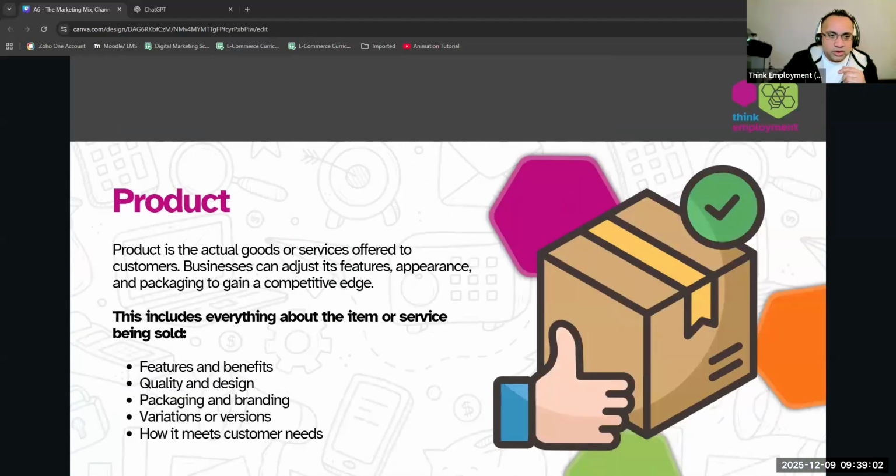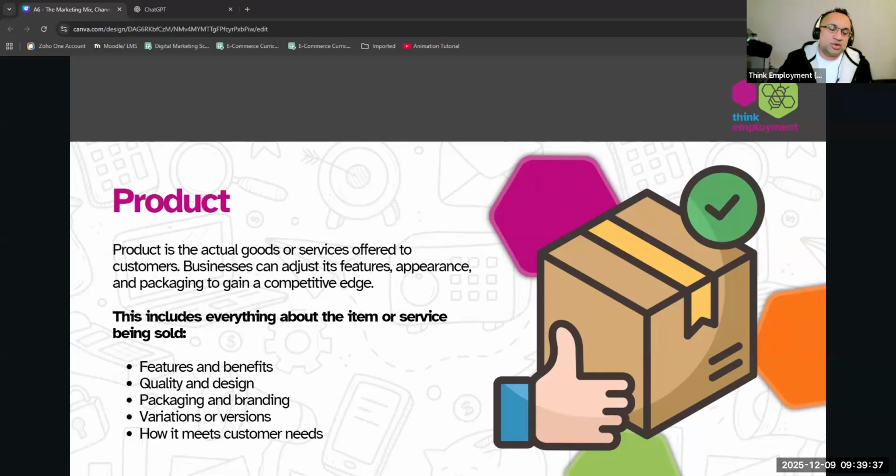The first one, product. Product is the actual goods or services offered to customers. In the digital world, this could be a digital product. Businesses can adjust its features, appearance and packaging to gain a competitive edge. Think about different brands. Hugo Boss have their own logo, but their perfume box itself is not always exactly the same as the logo.